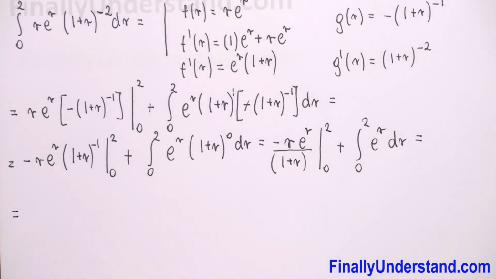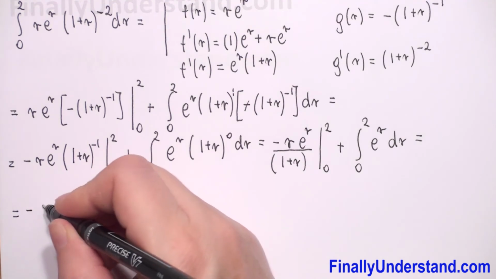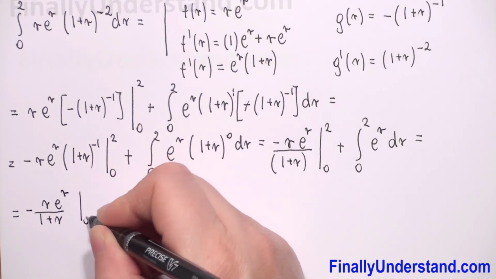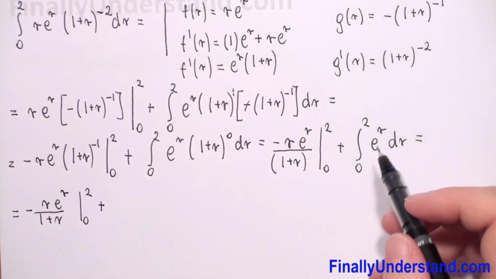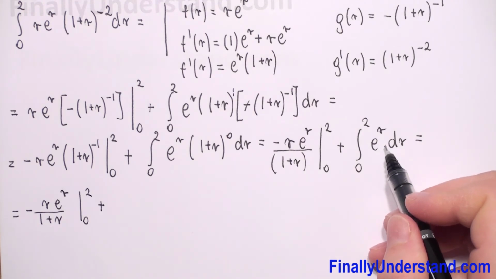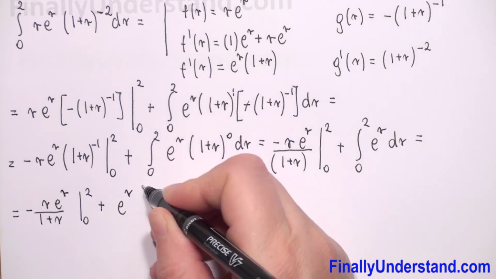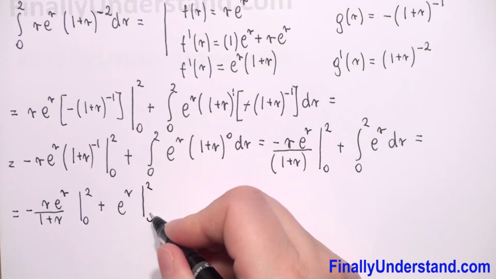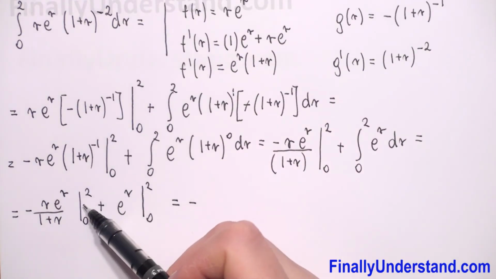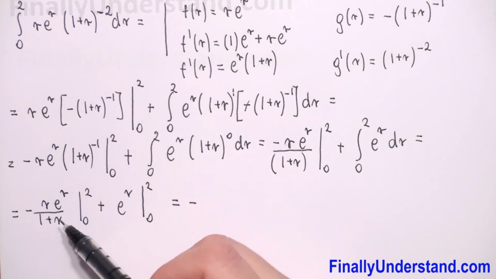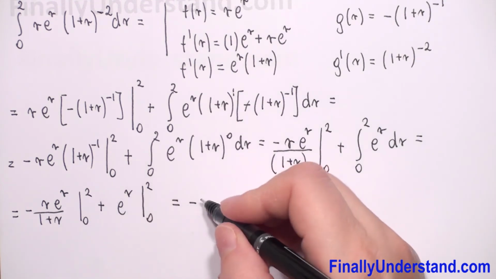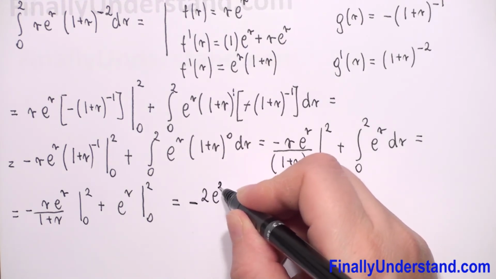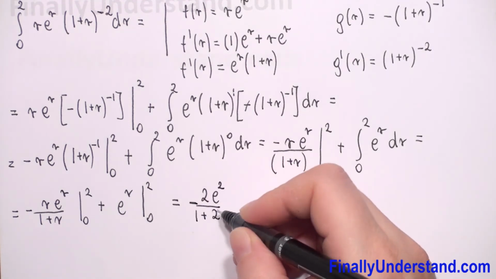So this is equal. We will have to copy one more time the first expression, with limits from 0 to 2, and we have plus. The integral of e to power r is e to power r, and we have a vertical bar, limits on the top 2, on the bottom 0, with a negative sign. We have to plug in the upper limit first. We have to substitute r by 2. So we have negative, it will be 2 times e to power 2 over 1 plus 2.